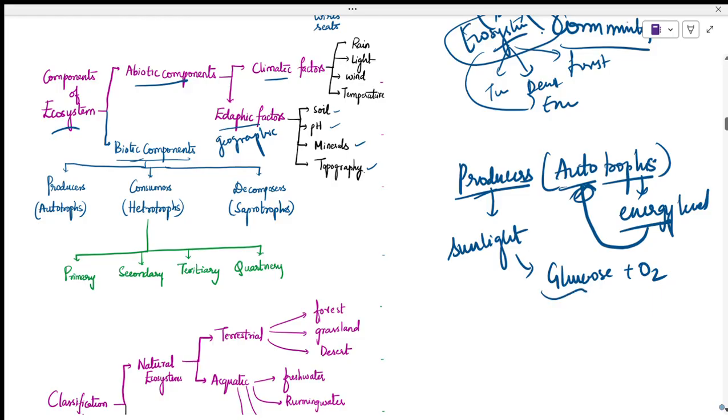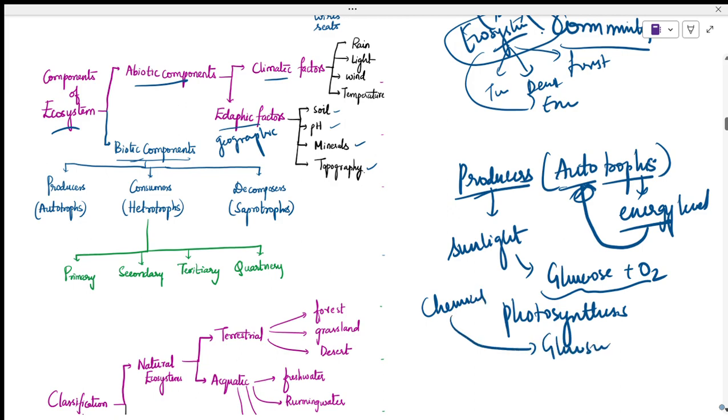We know which process is this? Photosynthesis. There are some bacteria which do not use sunlight, but they will be using chemicals and will be making glucose and oxygen. These also come under producers. Okay. So primary producers are plants and plankton.